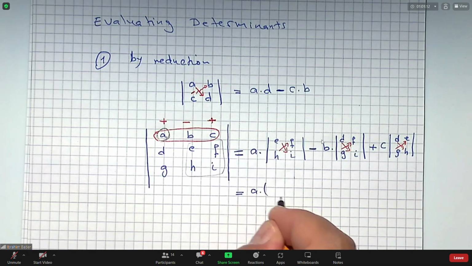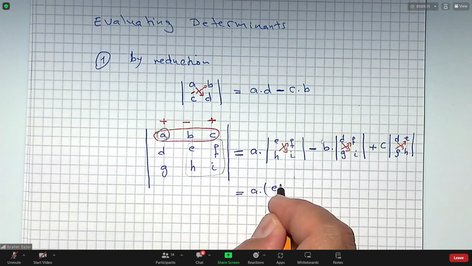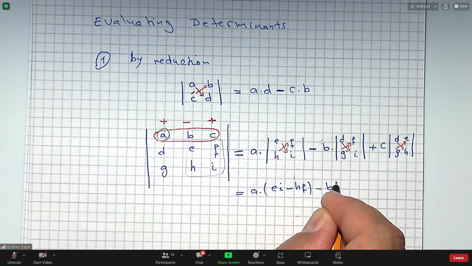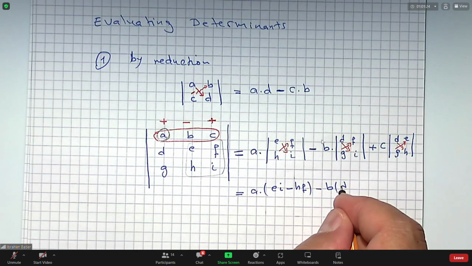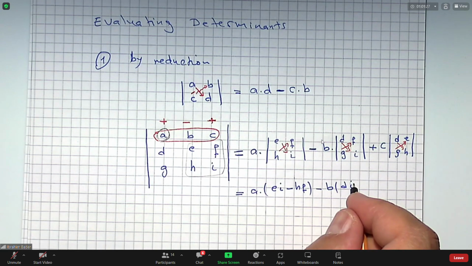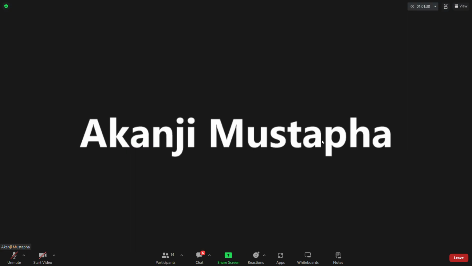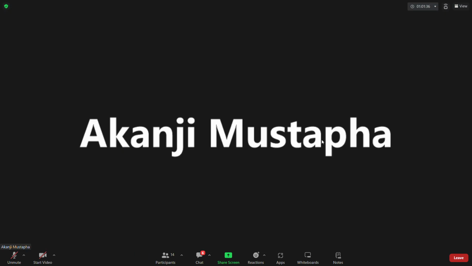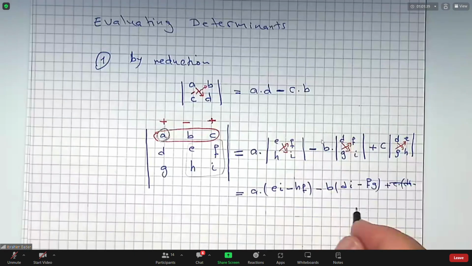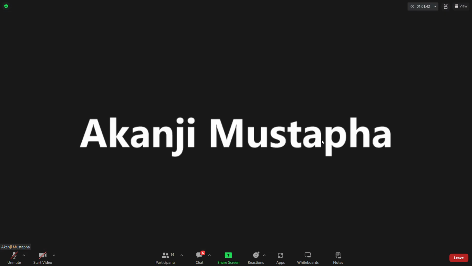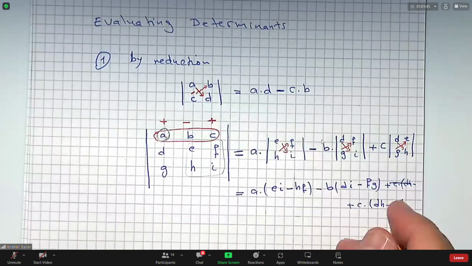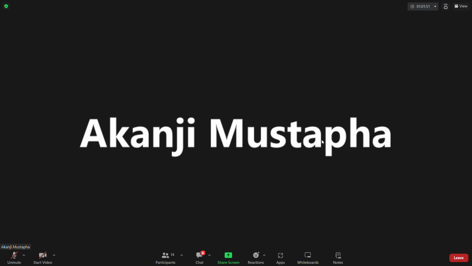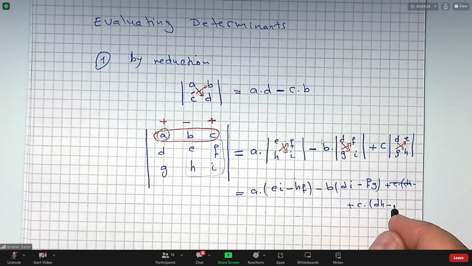So it's A multiplied by EI minus HF, minus B times DI minus FG, plus C times, sorry, let me just write it here, plus C times DH minus GE.